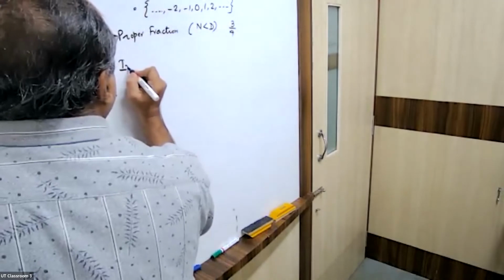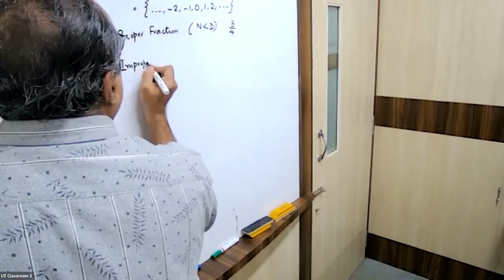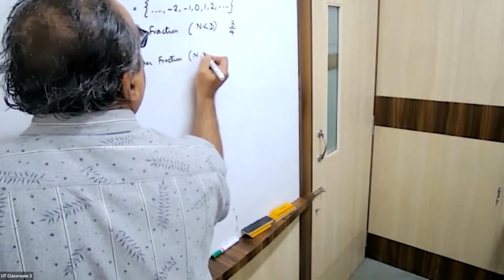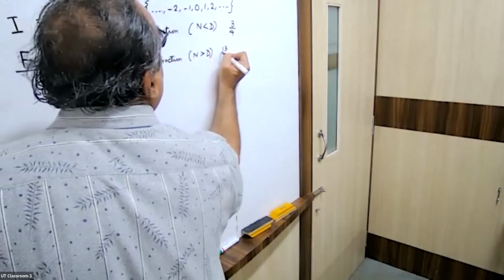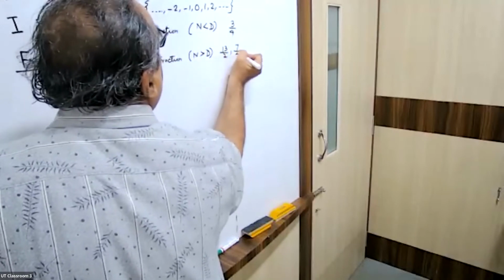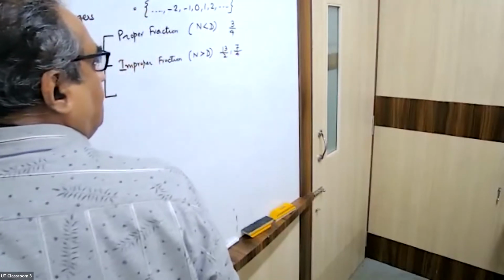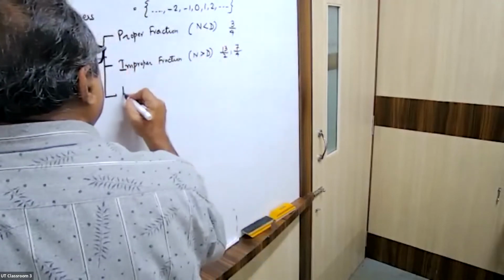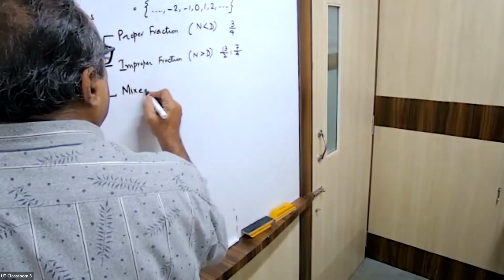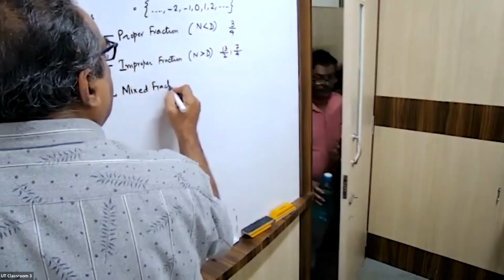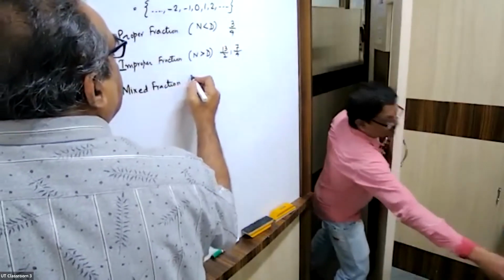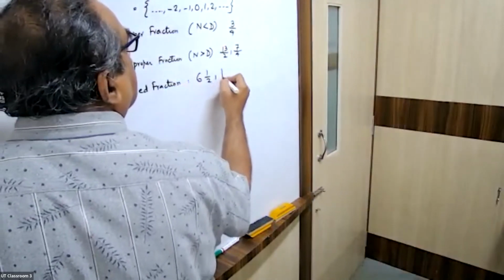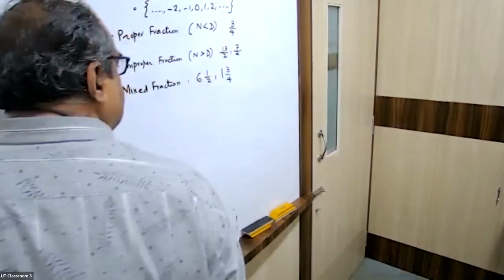Then you learned improper fractions, where the numerator is greater than the denominator, like 13/2, 7/4. All these are examples of improper fractions. And an improper fraction can be converted into a mixed fraction by writing it as an integer and a proper fraction. Right?